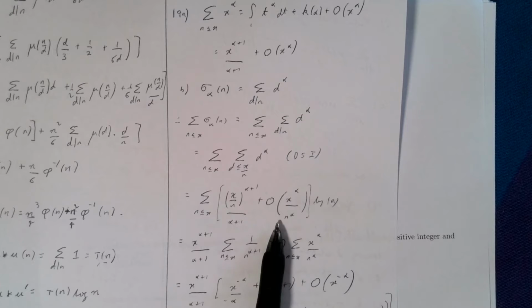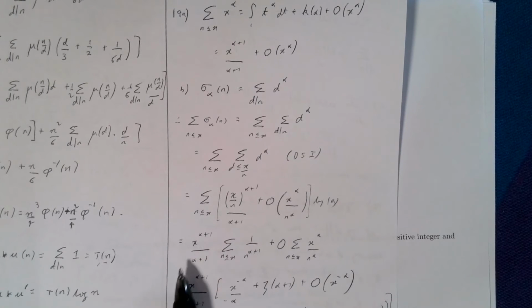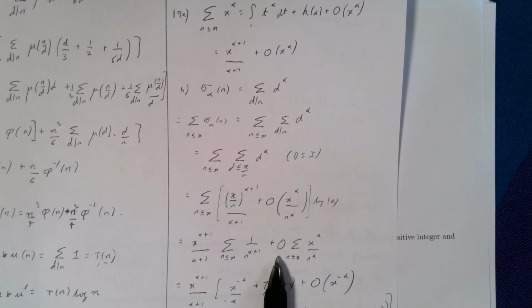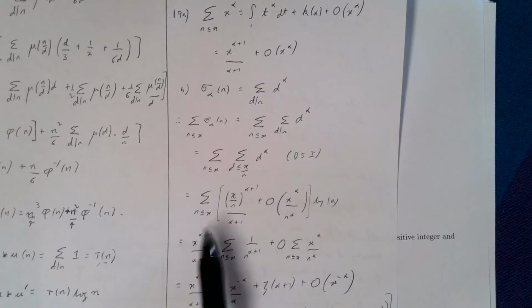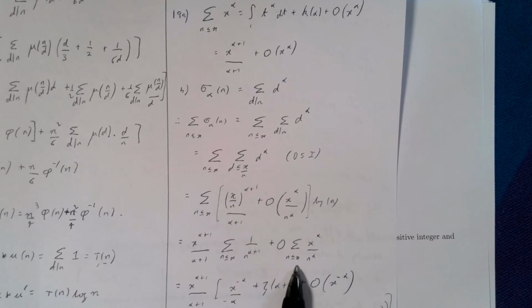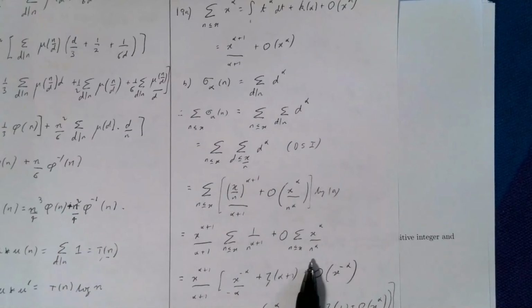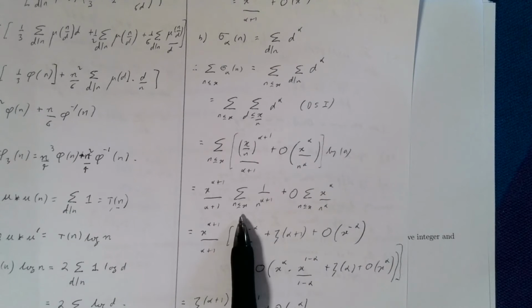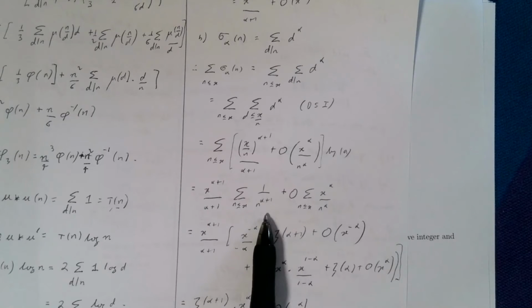And finally then, just simplifying this, we can take out this term, we get left with sum 1 on n to the alpha plus 1, plus we're going to get big O sum n less or equal to x to the alpha on n to the alpha. We can now apply our approximation formula for this sum here by using an integral, so we just integrate 1 over x to the alpha plus 1.